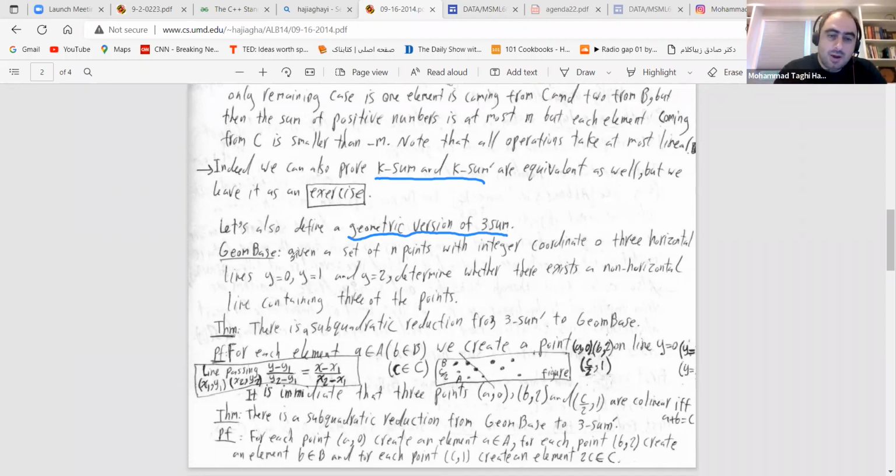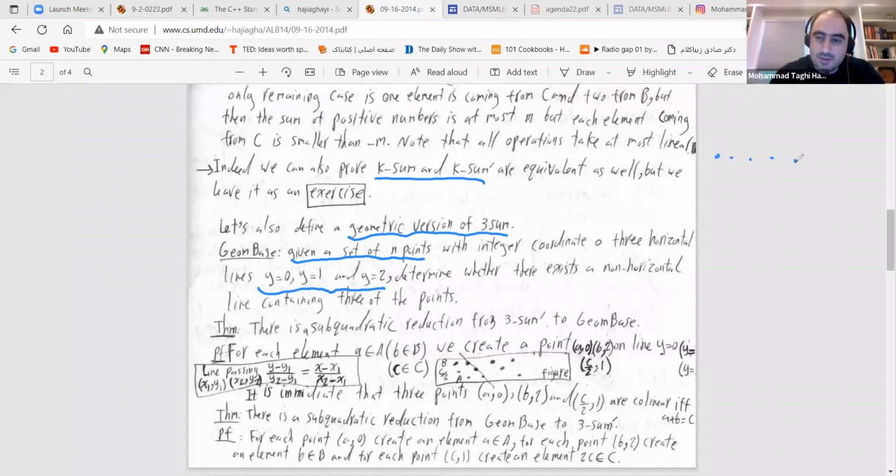What is the problem? You are given a set of points with integer coordinates on three horizontal lines, y equal to 0, y equal to 1, and y equal to 2. The question is whether there exists a non-horizontal line containing three of these points, one from each line.